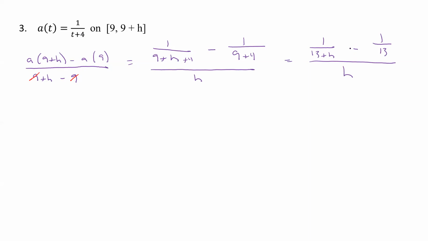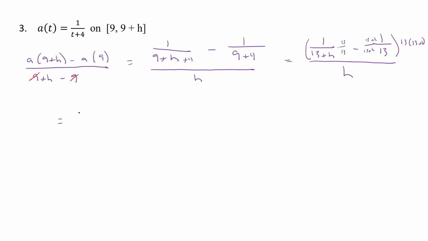Now, what do we want to do? So now we can multiply and get common denominators. I don't know which one's the best one. Maybe let's get these two and add them together. And so if we add them together, we have to get a common denominator, which is going to be 13 plus h times 13. So it's going to be 13 times 13 plus h. And so then on this one, to get that common denominator, that means we have to multiply this by 13 over 13, and this one by 13 plus h over 13 plus h.